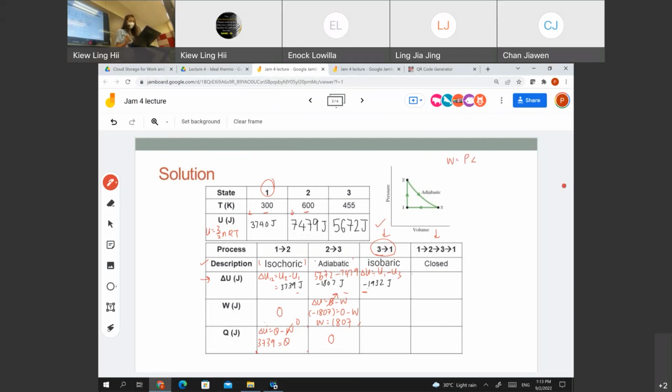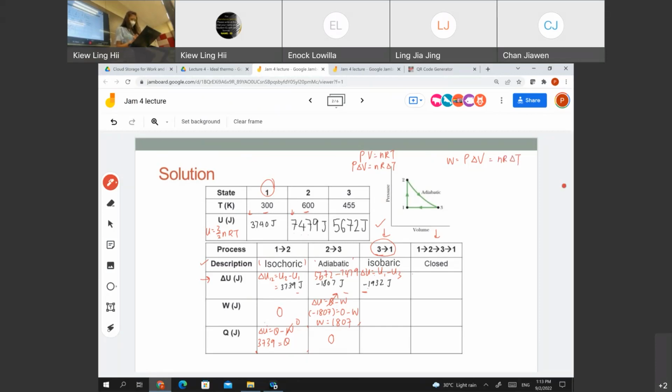According to the ideal gas law, PV equals nRT. Am I right? So if P is constant, P delta V equals nR delta T. N and R are always constant. So in other words, work done can also be found by nR delta T.